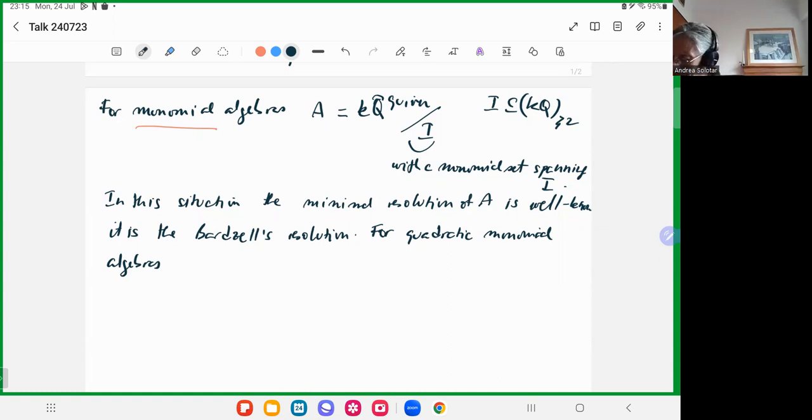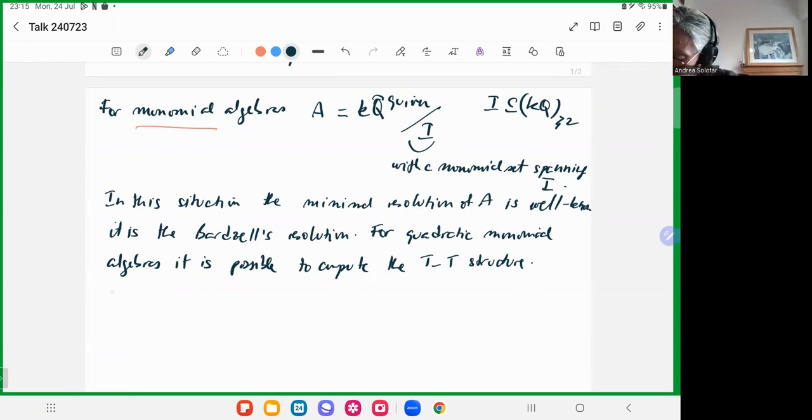Then for this kind of algebras, it is possible, with a lot of effort, to compute all the Tamarkin-Tsygan structure. So in particular, we will be interested in a family of algebras which are quadratic monomial and which moreover satisfy more conditions, and these are called the gentle algebras.